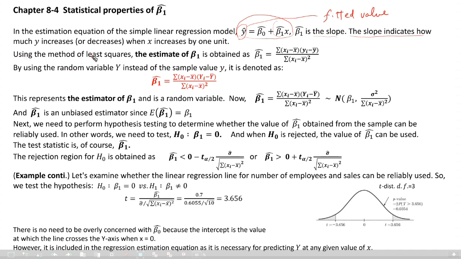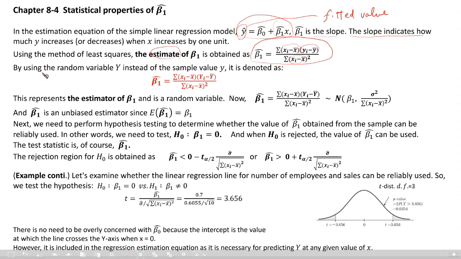Using the least squares method, the estimate of beta 1 is obtained as beta 1 hat like this. The summation of cross products of deviations of x and y, divided by what? The sum of squared deviations. That is the estimated value of beta 1.